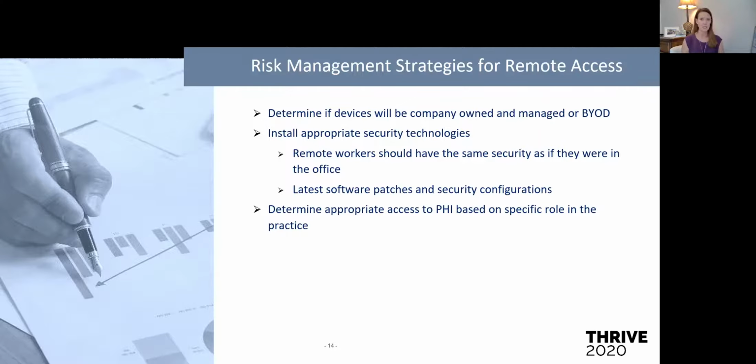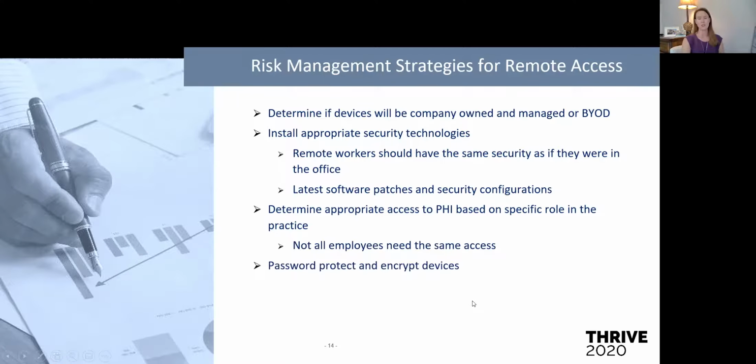You still need to be thinking about these things when you're using remote workers, because when you're in a remote environment, you're outside of that protective bubble of the practice. So you really only need access to what you need to do your job, because then that lessens the risk of unauthorized access to other information.